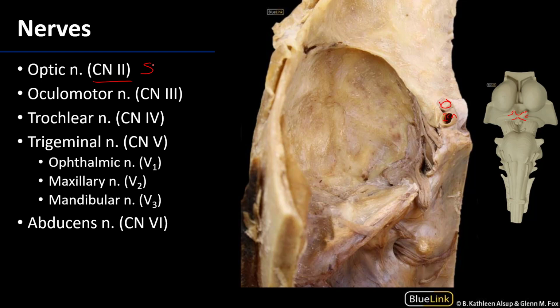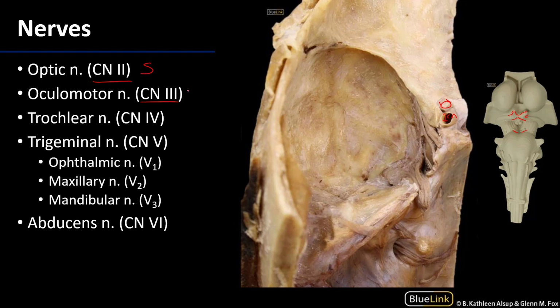The other nerve that is very relevant here is cranial nerve number 3, the oculomotor nerve. The oculomotor nerve is exiting the brainstem here, so we can see them there and there.